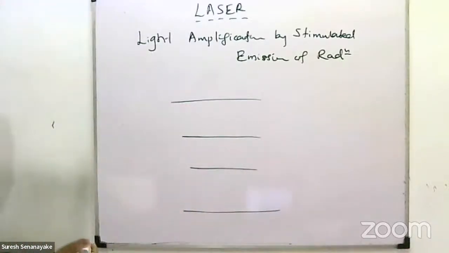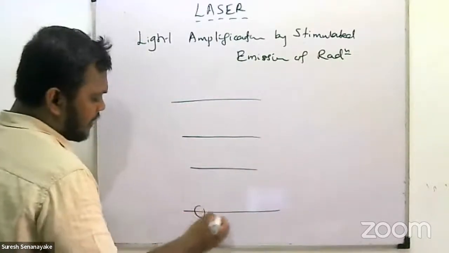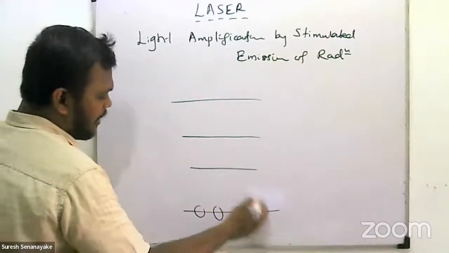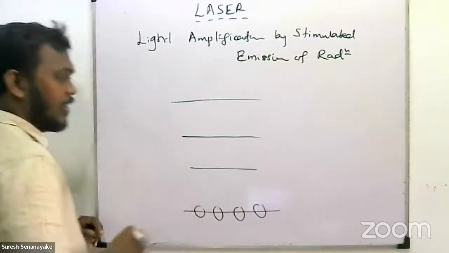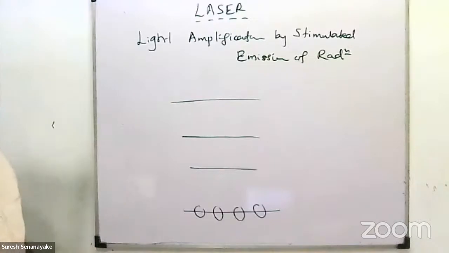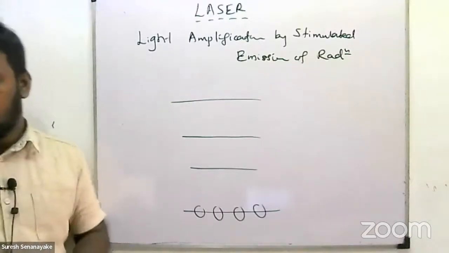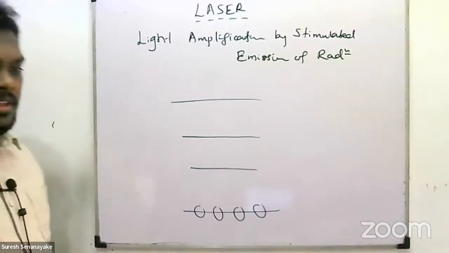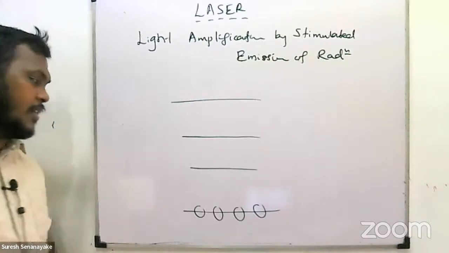Most of the atoms or any objects like to be in lower energy states, because the lower energy states are more stable than the high energies, right?